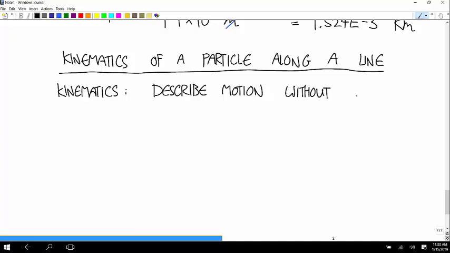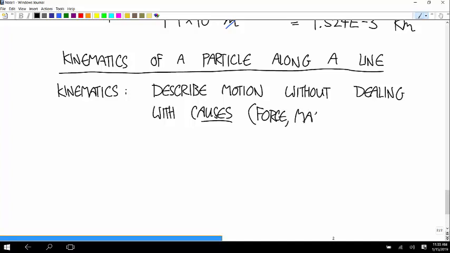So we're describing motion without dealing with the causes. And by the causes, I mean force and mass. Later on, we're going to get into the next thing where we combine kinematics with the causes of the motion.